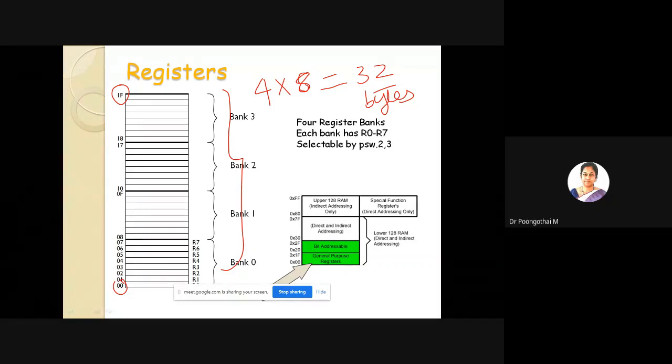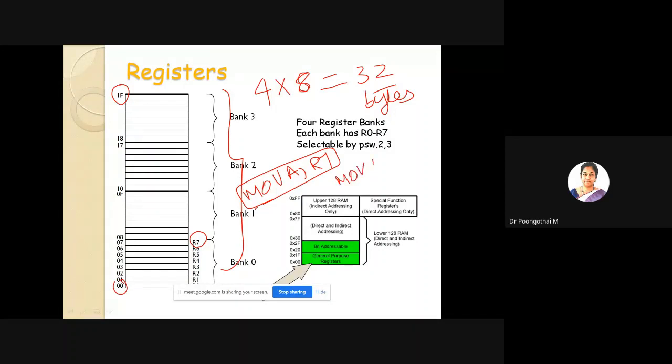For example, in bank 0, if you are using the R7 register in your programs, you can mention either the register name or the address. For example, MOV A, R7, so your bank 0 is selected. This is one way to represent this instruction, that is, moving the content of R7 to A. Another way is MOV A, 07.